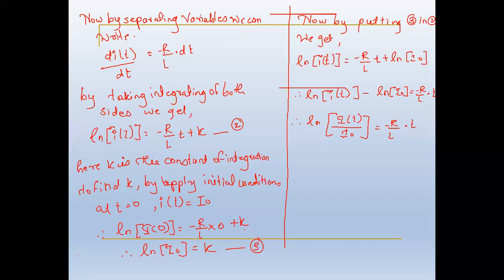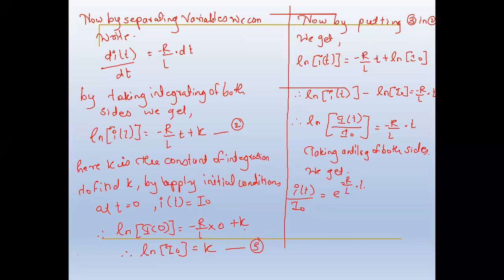So taking antilog of both sides, we get I of t divided by I0 is equal to e raised to minus R by L into t. Therefore, I of t is equal to I0 into e raised to minus R by L into t.